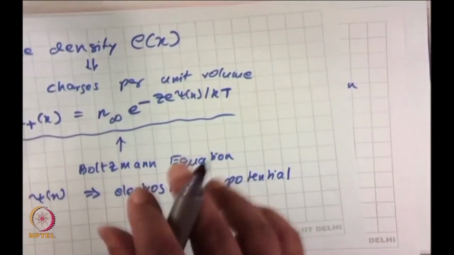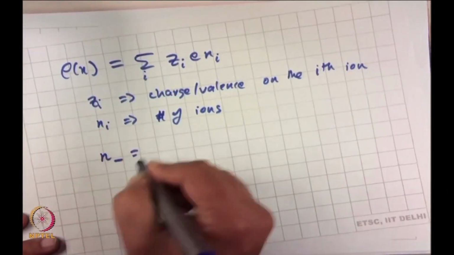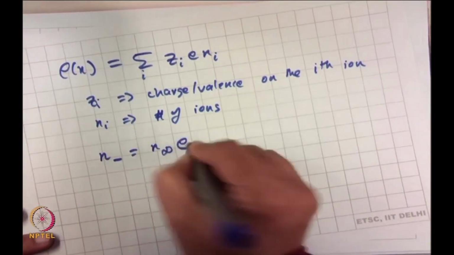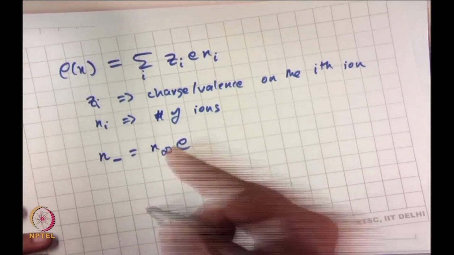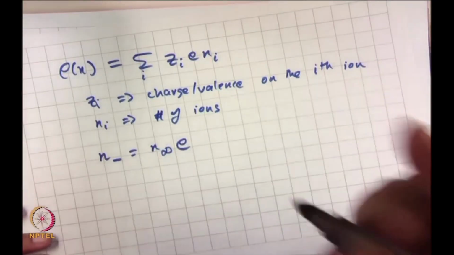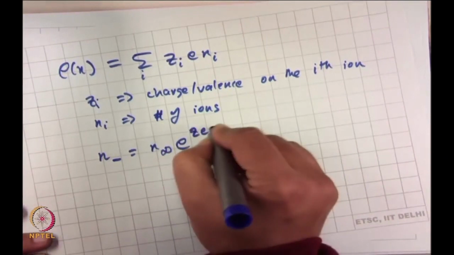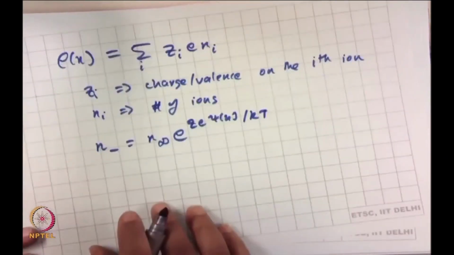So what should I write now? n minus is equal to n infinity, then e to the power, it should be plus, right. Why? Because now z itself is negative and we have a negative sign out there, so it becomes positive. So we have z e psi of x over kT.